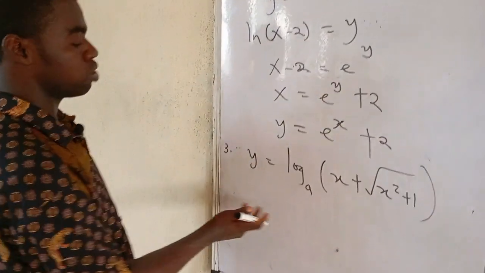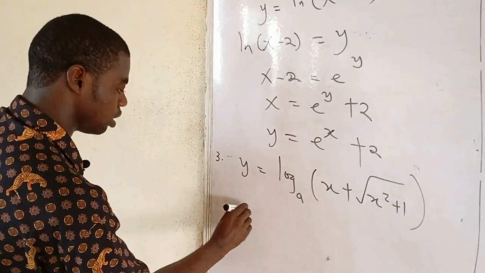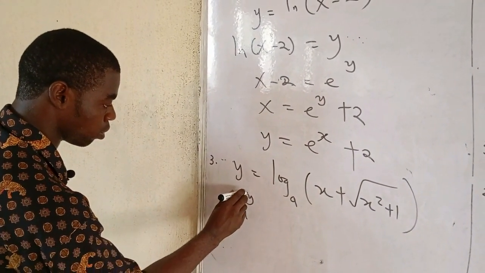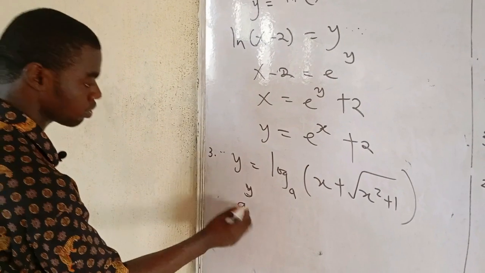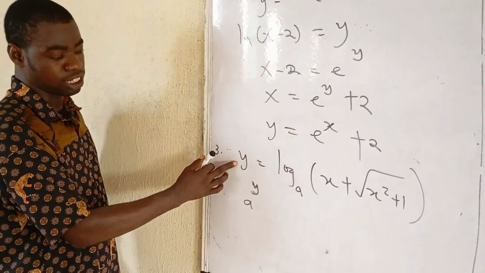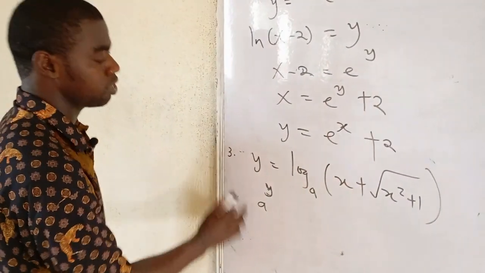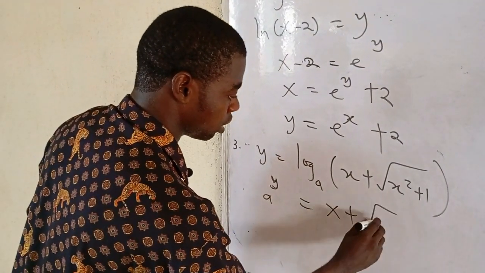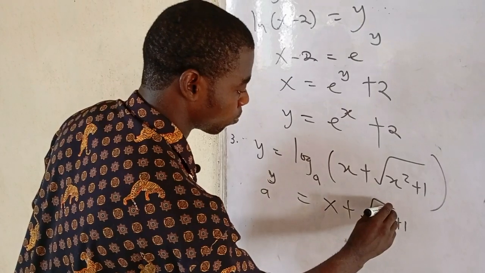Taking the exponential of both sides, we have that a raised to the power of y, a will carry this as a power. a raised to the power of y is equal to x plus the square root of x squared plus 1.